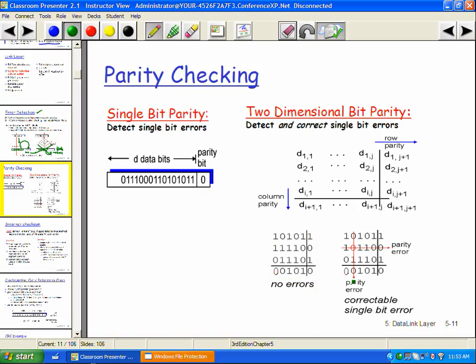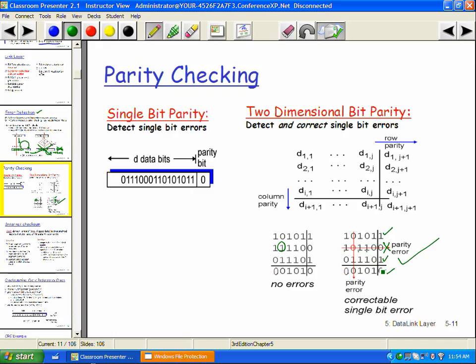So what happened during this transfer was that this bit got corrupted, so you end up getting this data over here. You recompute all the parities. You count this one: there's 1, 2, 3 ones, but the parity bit says 0. So there's something wrong.